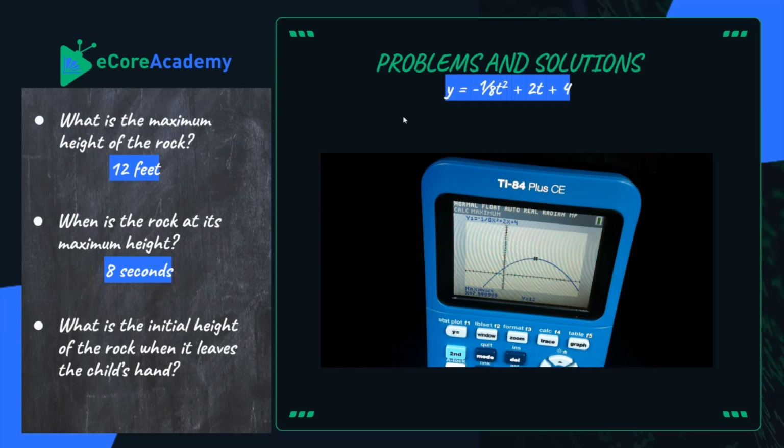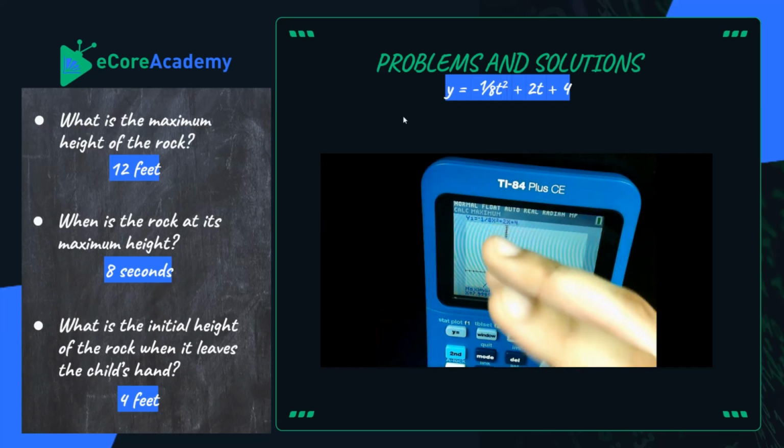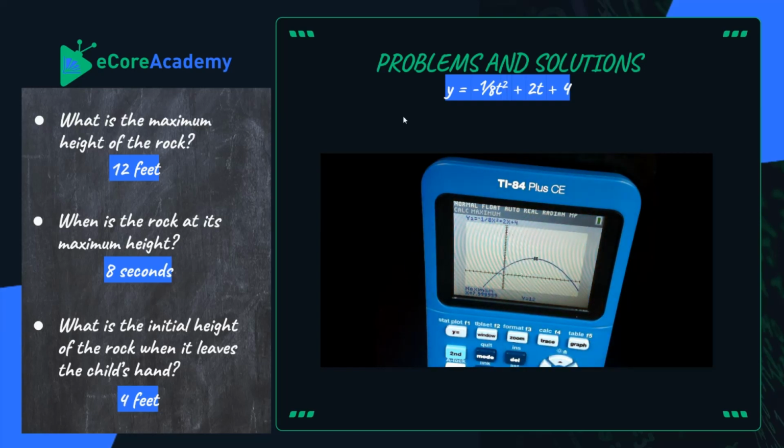Therefore, the answer to what is the initial height of the rock when it leaves the child's hand would be 4 feet, because 4 is your y-intercept. 4 is where this quadratic function touches the y-axis when your time in seconds is equal to 0. It's the starting point. So that is how you would have solved that, just by looking at this function that we've graphed on the calculator. Okay, let's go to the next slide where I have a series of more questions, just 3 more.